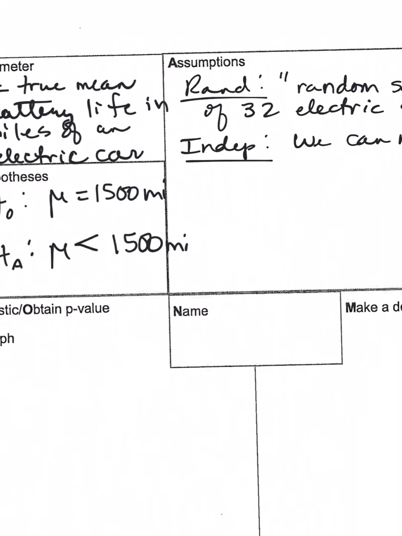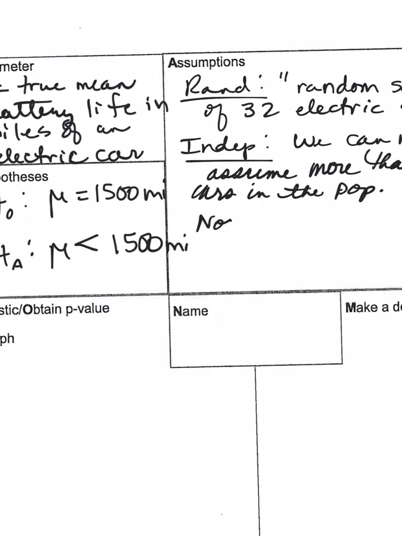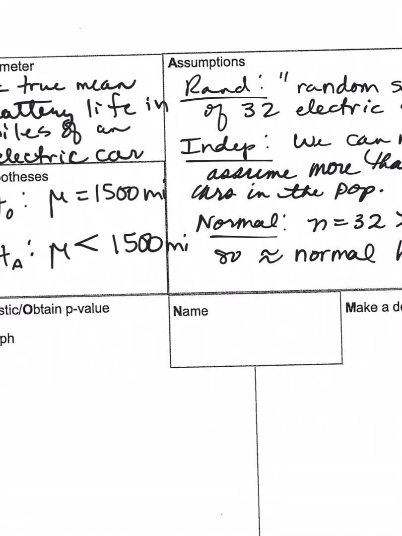Assume that there are at least 320 electric cars. Yep, assume more than 320 electric cars in the population, right? And normal. How am I going to prove normal? The sample is greater than 30. It's greater than 30, so about normal by CLT, right?